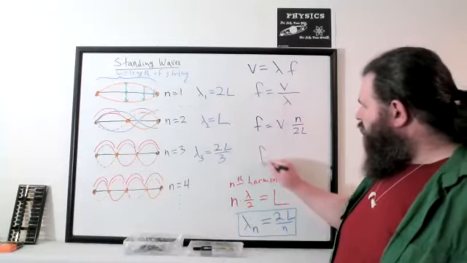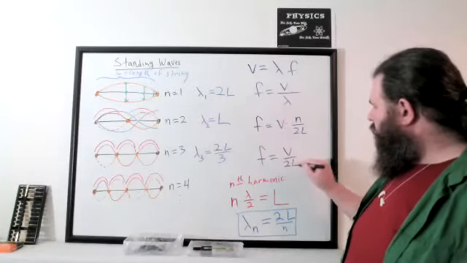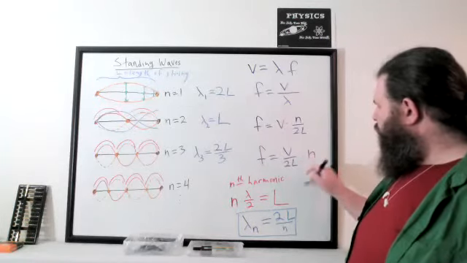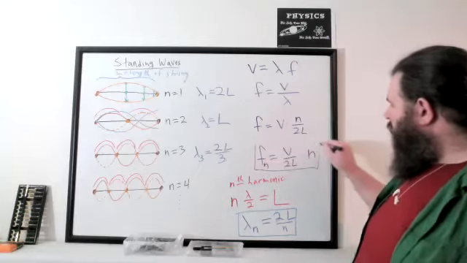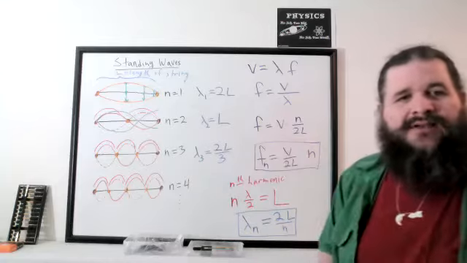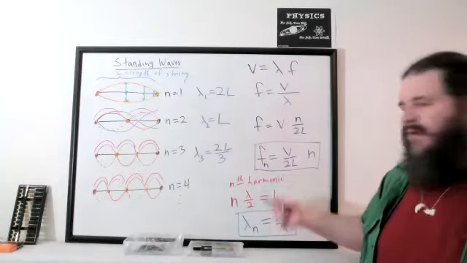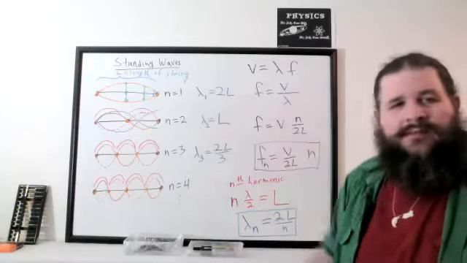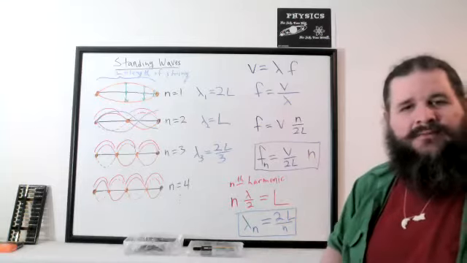I'm going to rearrange those factors a little bit. Let's say V over 2L times n. So that's the frequency of the nth harmonic. And this is really convenient because since n has to be a whole number and V over 2L is just some constant, that means the frequencies that this string can produce are all whole number multiples of some baseline value.